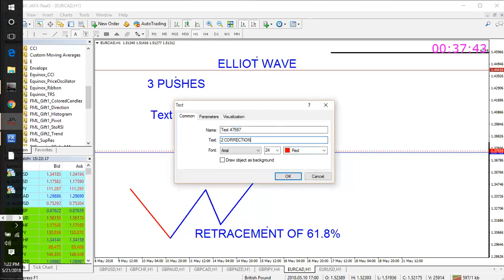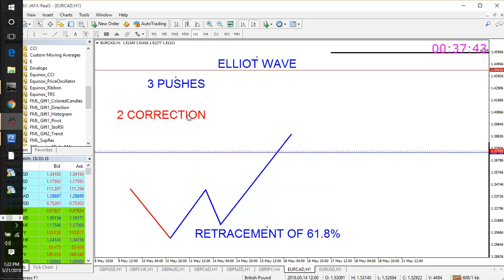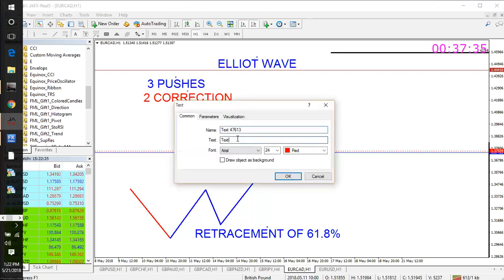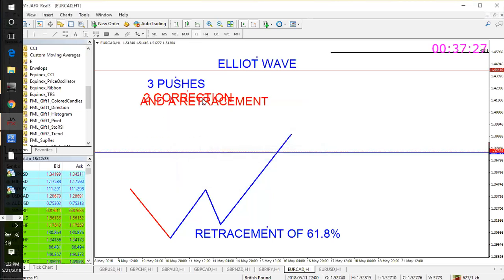It can be more, but this would always happen every time. 2 corrections, and we have a retracement, and this is always at 50% retracement. This is what happens for a structure to be complete.